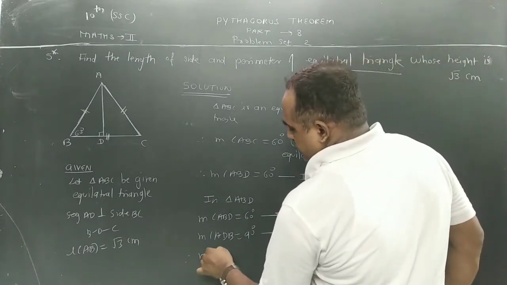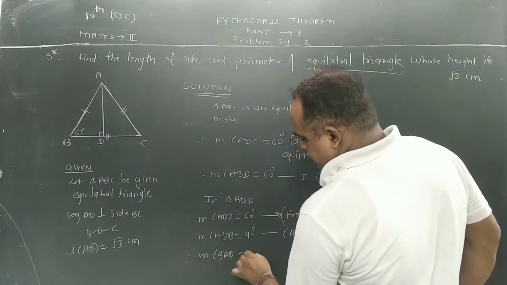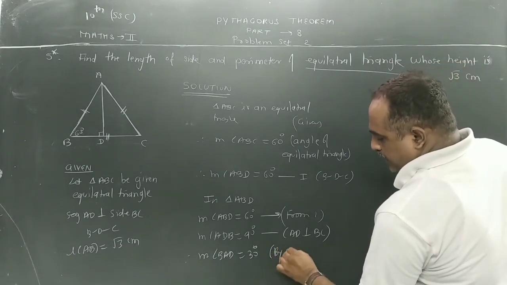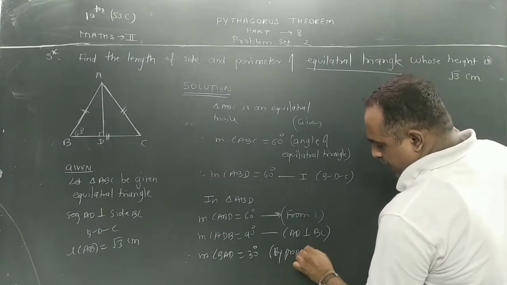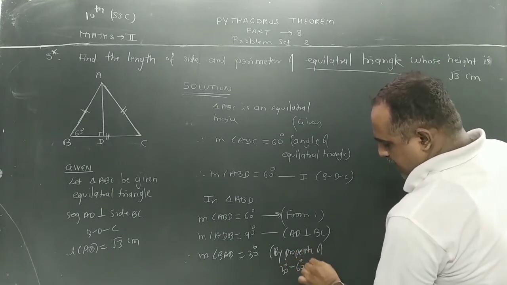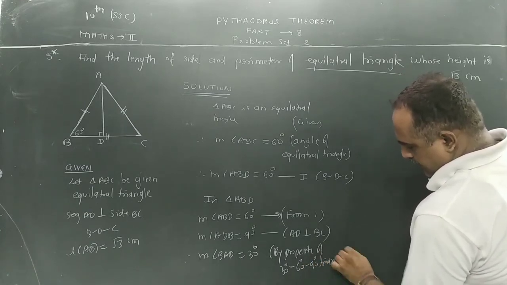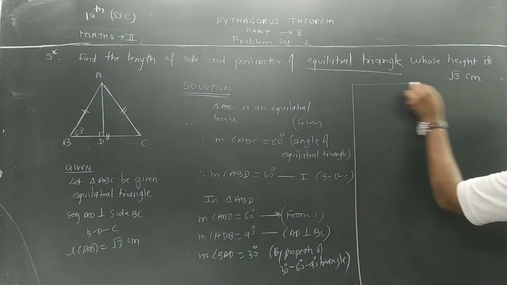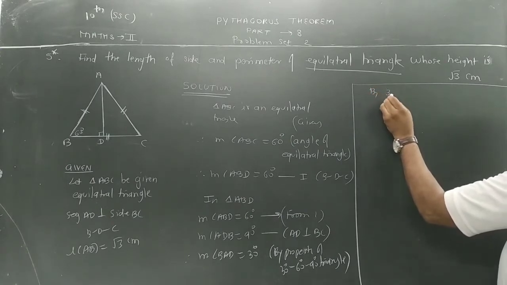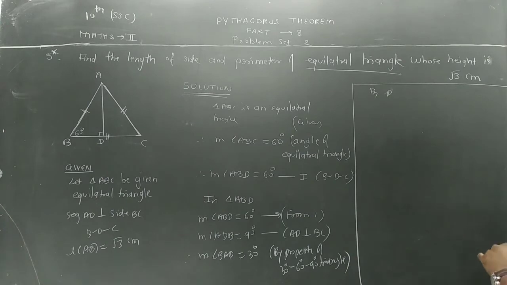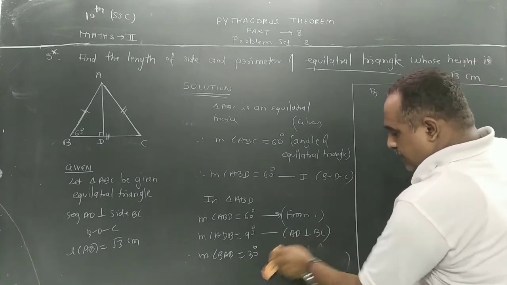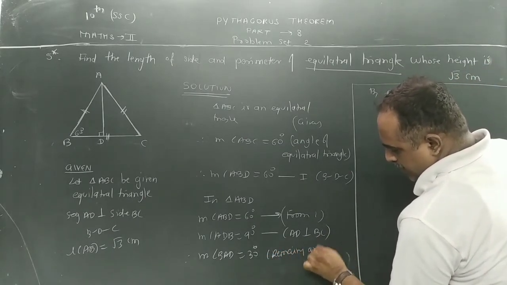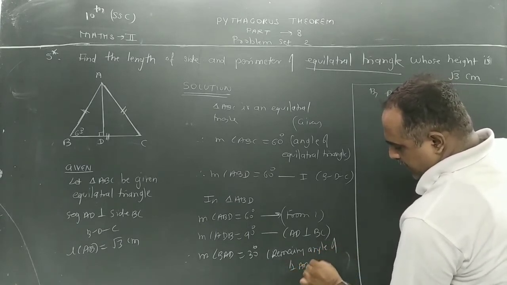Therefore, measure of angle BAD is equal to 30 degree by property of the remaining angle of triangle ABD.